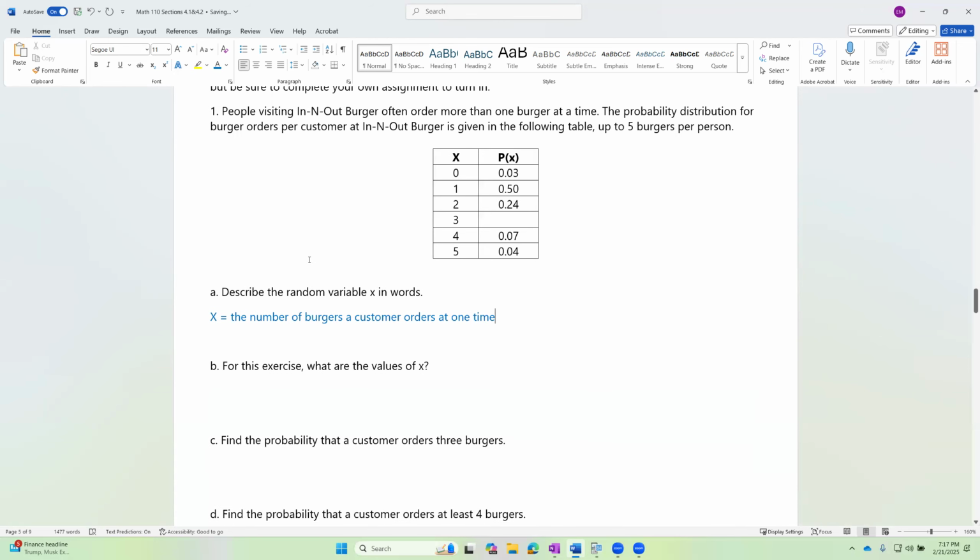Second, for this exercise, what are the values of X? It's going to be the number of burgers they could possibly order, up to 5. So little x equals 0, 1, 2, 3, 4, and 5. They could also order 0 burgers.